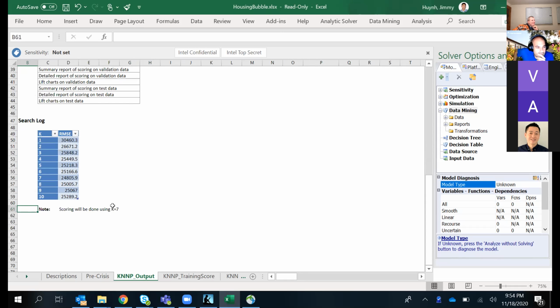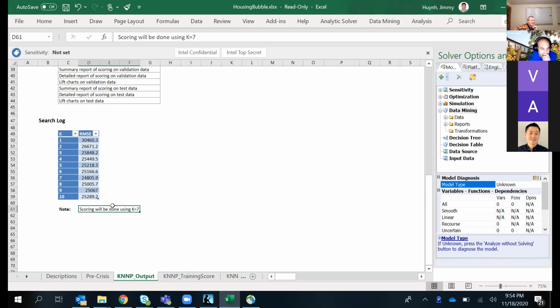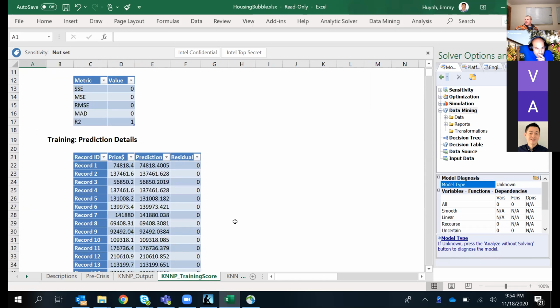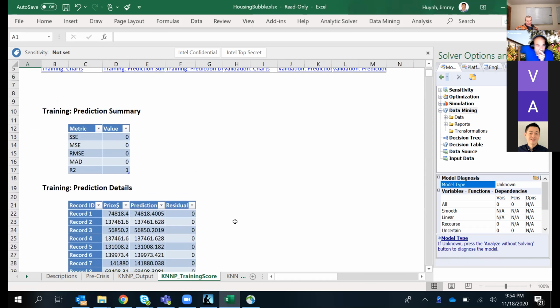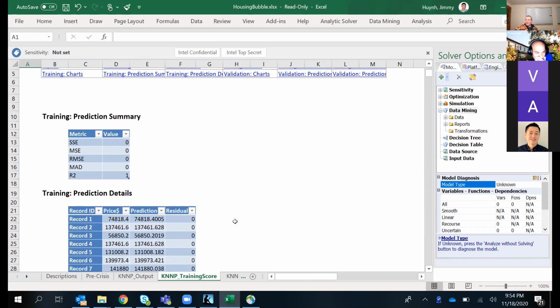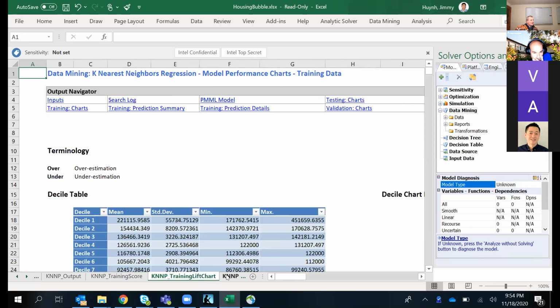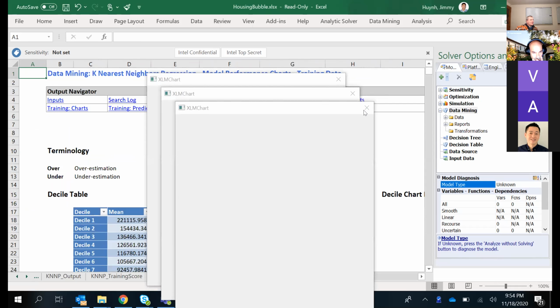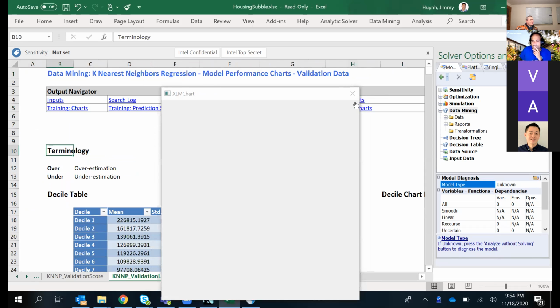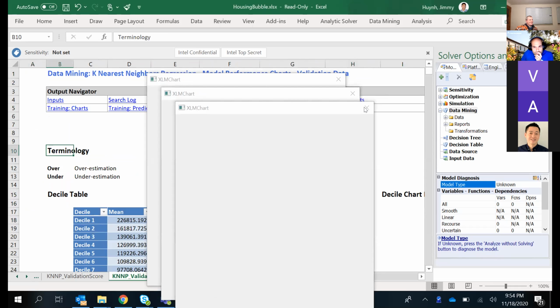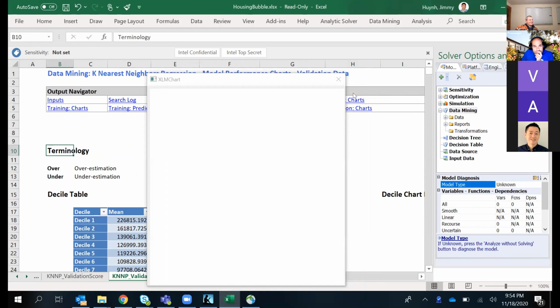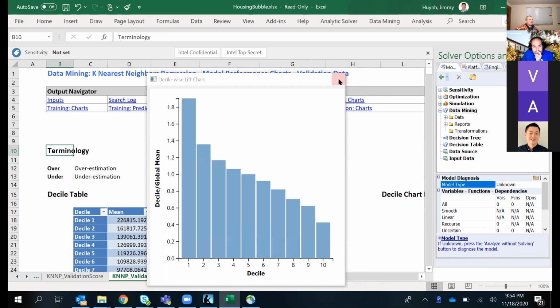So scoring will be done using K=7. Let's see what this is. On this one, he gave us the price of the first house in the test set. Sorry, you can use the navigation charts up above.